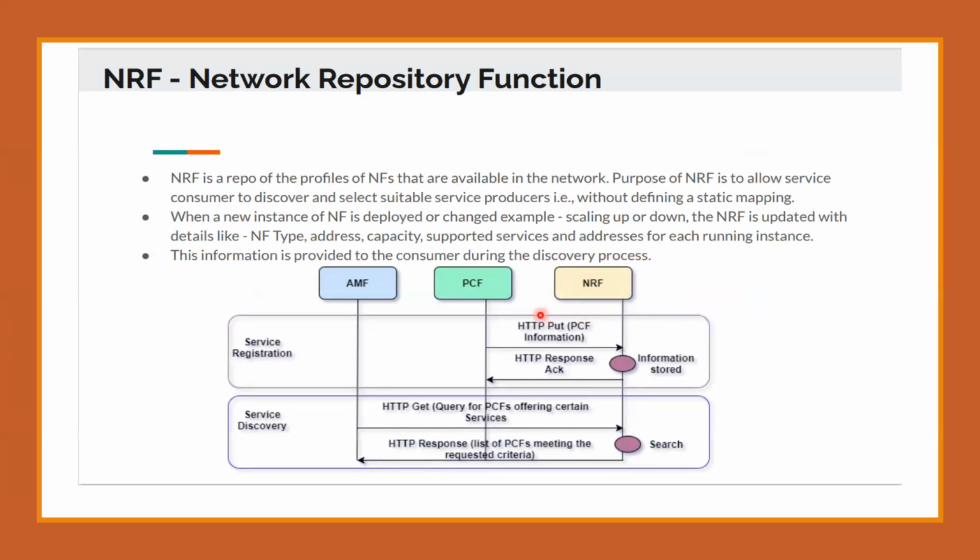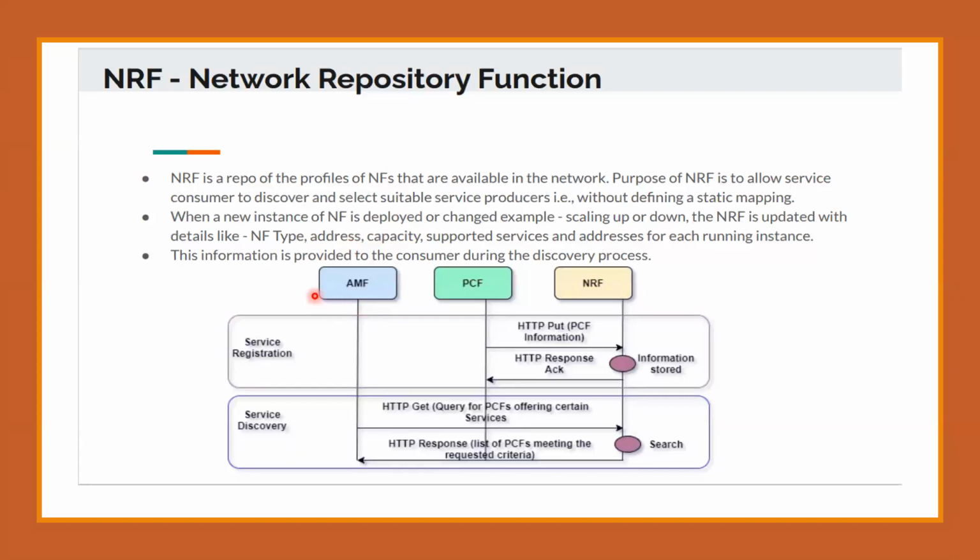Whenever any network function comes live and is added in the network, it needs to register itself with the NRF. It registers itself with information: what is the type of the NF, what is its address, what is its capacity, what are the different supported services, what is the address for each running instance.